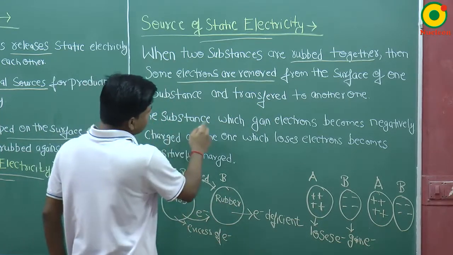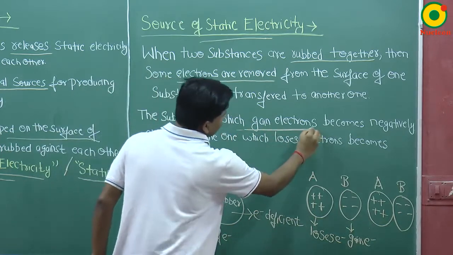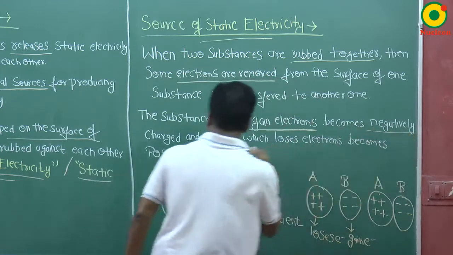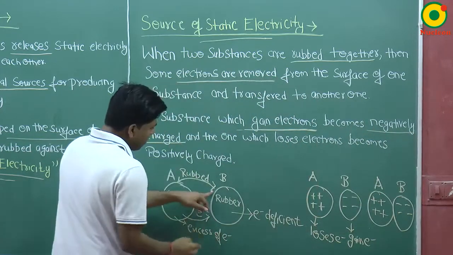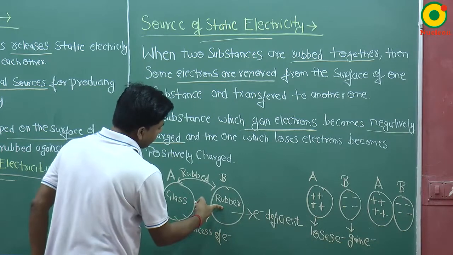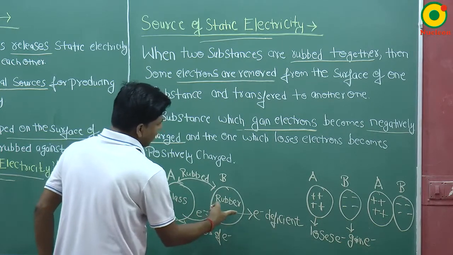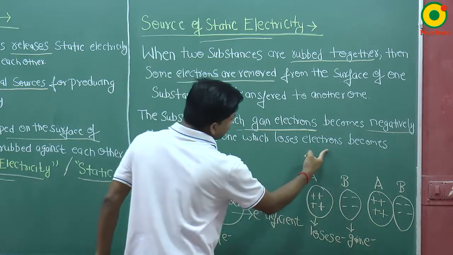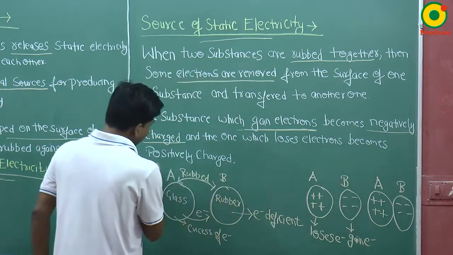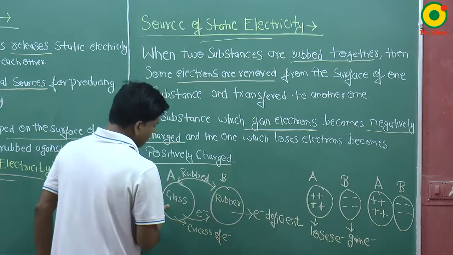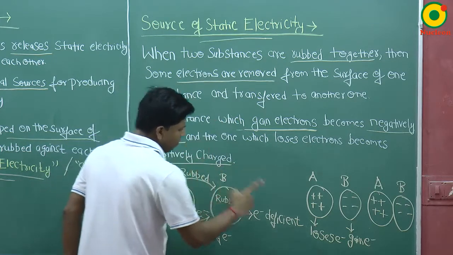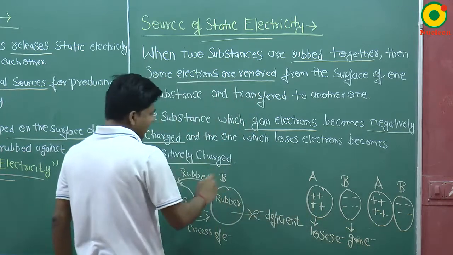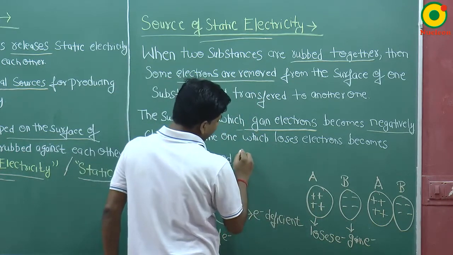The substance which gains electrons becomes negatively charged, as we see with body B, made up of rubber, which gains electrons and becomes negatively charged. The one which loses electrons becomes positively charged. Body A, made up of glass, loses electrons and becomes positively charged.